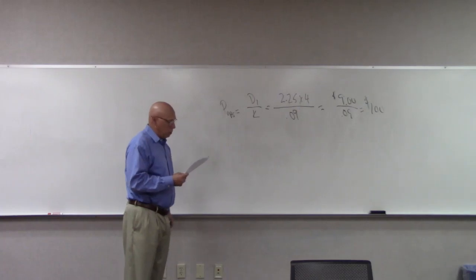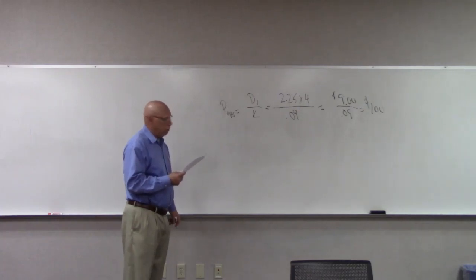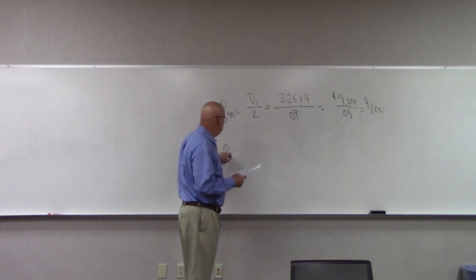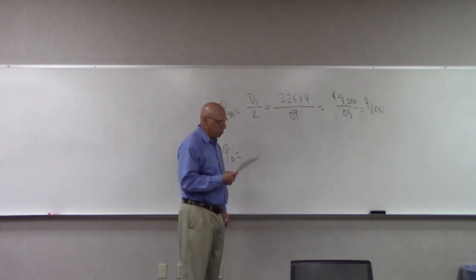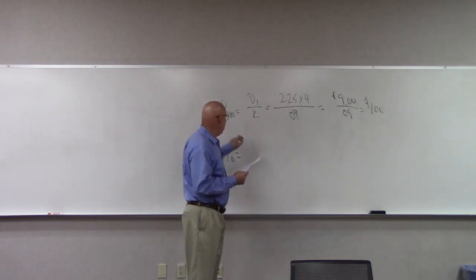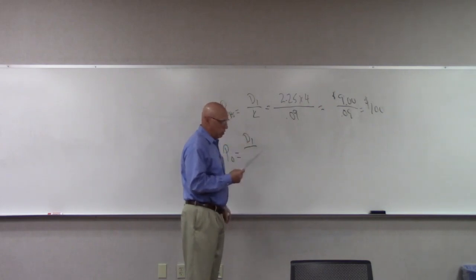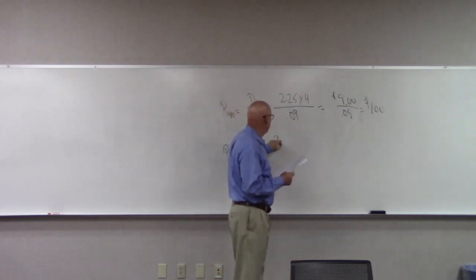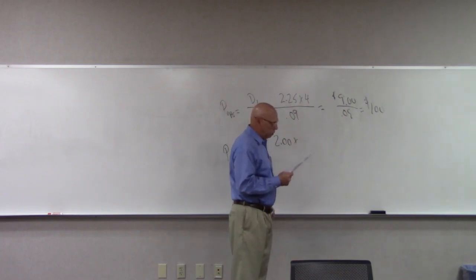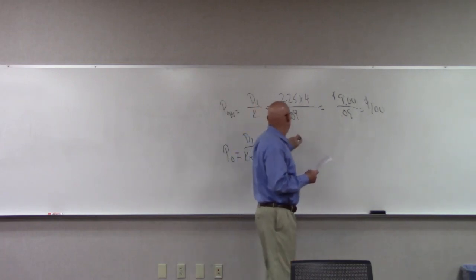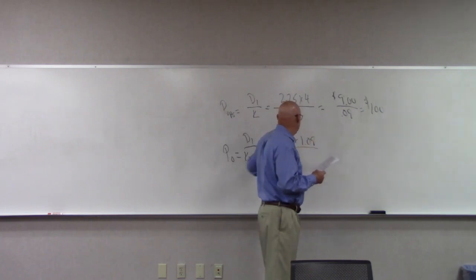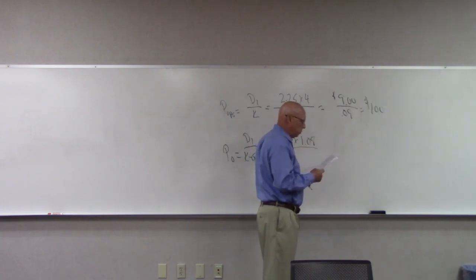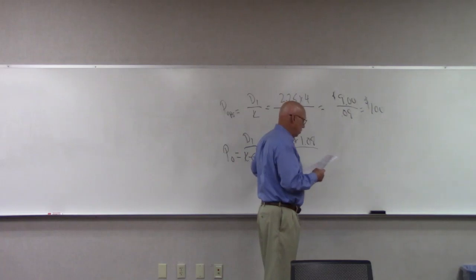All right, a company paid a $2 dividend last year. They expect to grow the dividend. What's the fair price to pay? P0 equals D1 over K minus G. That's all this is. So D1 is $2 times 1.08, divided by 0.10 minus 0.08.